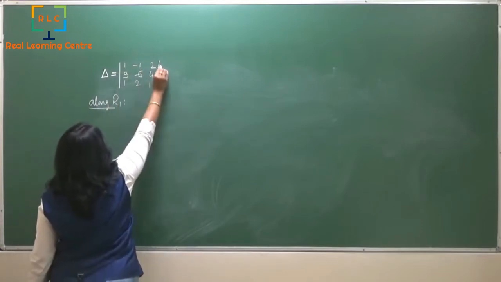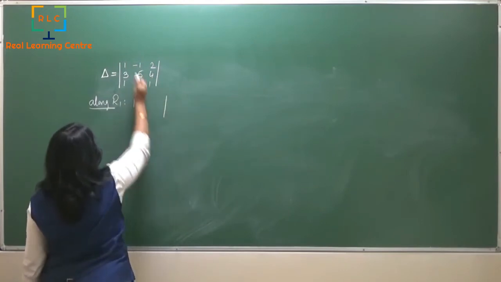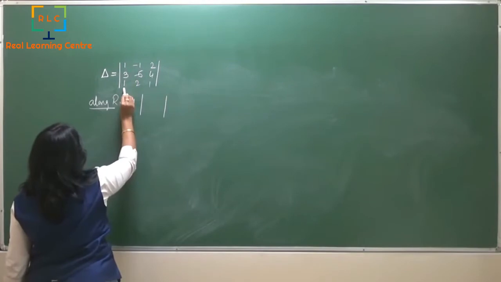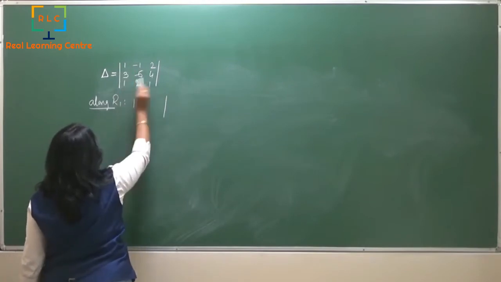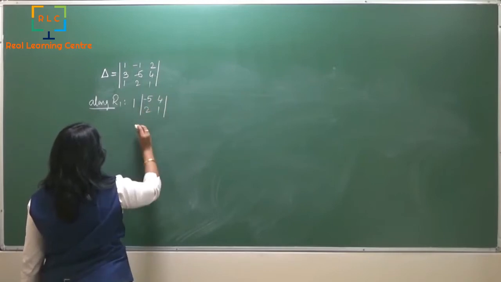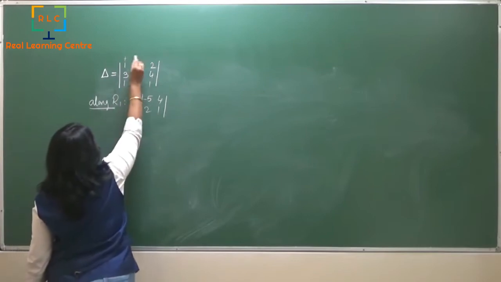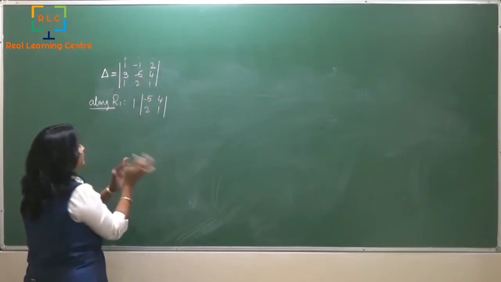I shall take row number 1: 1 into determinant of, wherever 1 is present, you delete that particular row and column and you take the determinant of this: minus 5, 4, 2, 1. This place had plus, and so it is having plus. Now this place will have minus, so I shall take the opposite sign.